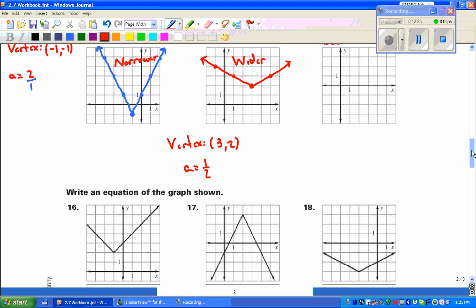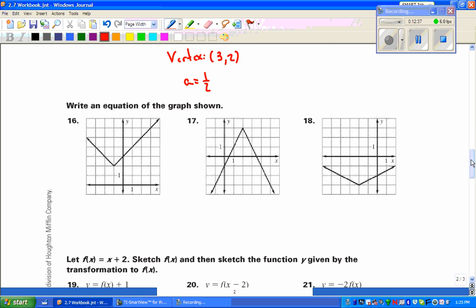Okay? All right, and then the last part of this one is just writing the equation. Step 1 is to always determine what the vertex is. So your vertex in this one is at -1, comma 2. Your a value for this one, up 1 over 1, up 1 over 1, up 1 over 1, up 1 over 1.